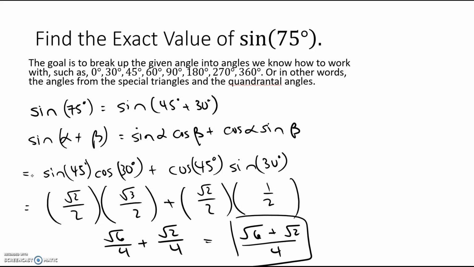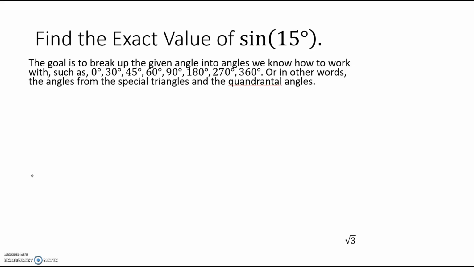Notice how all these are looking pretty much the same, using the same numbers here. And then let's look at sine of 15. So we'll have sine of 15 is equal to, now you can use 45 minus 30, or you can use 60 minus 45.